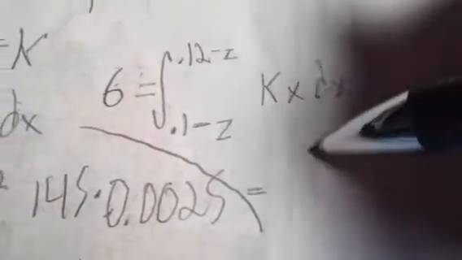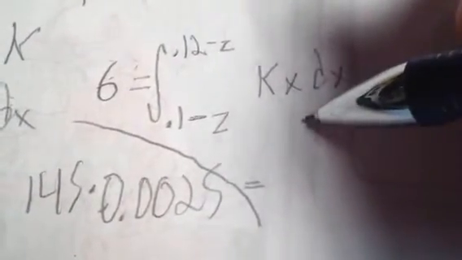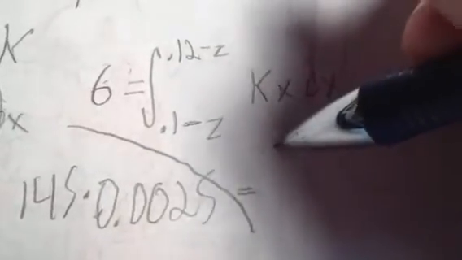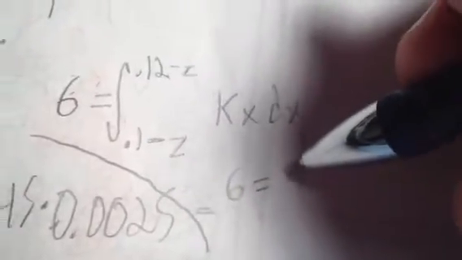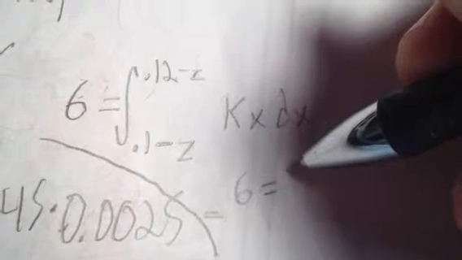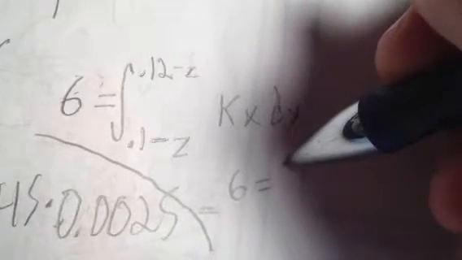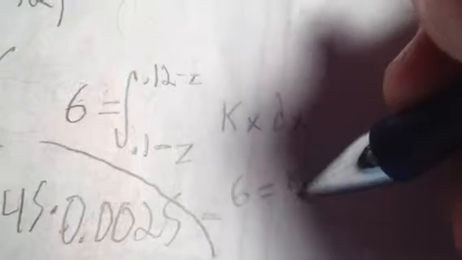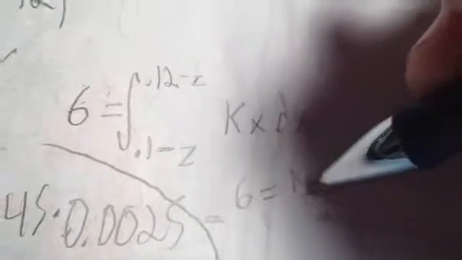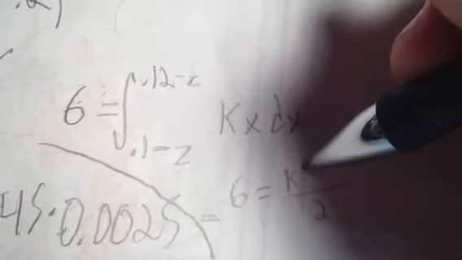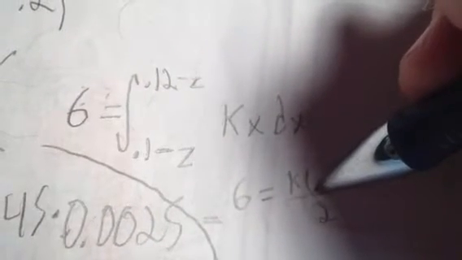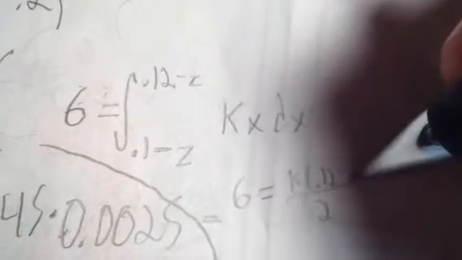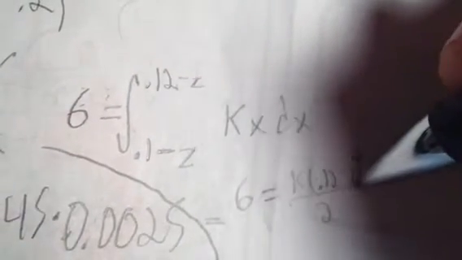Okay, so now that we got that, sorry this is so drawn out, but this problem's tricky. Alright, so then after you've plugged all that in, you get 6 equals K, and all of this is going to be over 2, because I'm going to go top bound minus the bottom bound, so 12 minus Z squared.